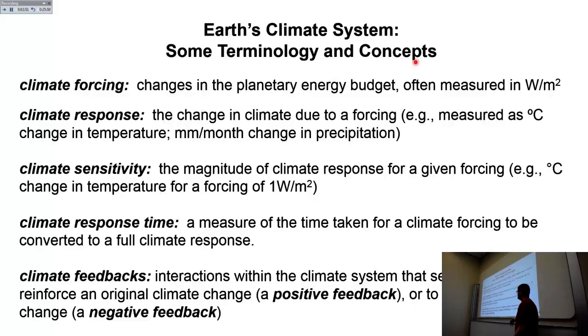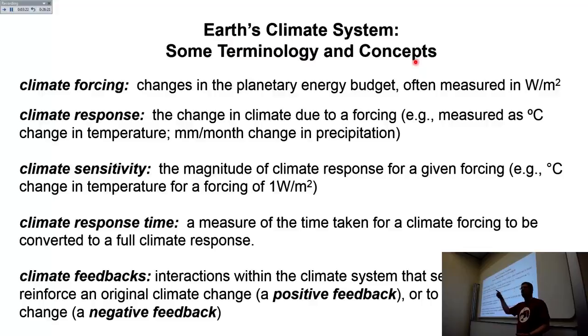So for instance, if it gets warmer, that means that we are going to be able to dissolve less carbon dioxide in the ocean, because gases find it harder to dissolve in liquids when it's hot. So that will cause there to be less carbon dioxide in the ocean and more in the atmosphere, which will make it warmer, which will then make less carbon dioxide dissolved in the ocean, more in the atmosphere, which will then make it warmer.